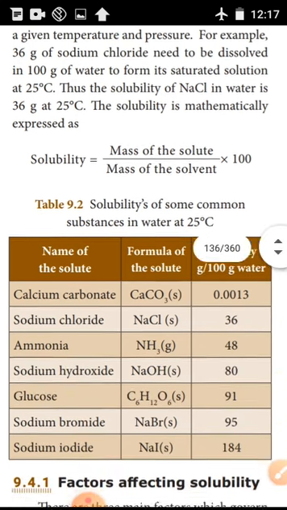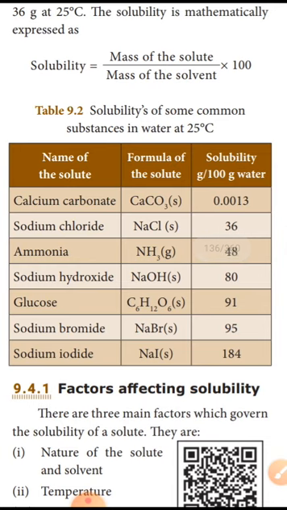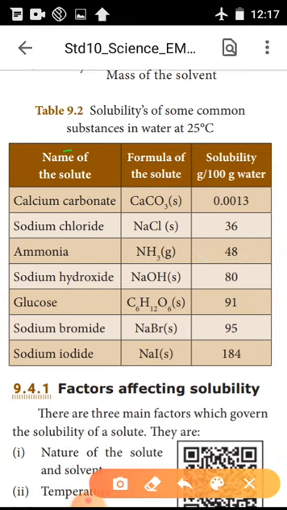The next one, see the tabular column. They have given the solubility of these solute particles. The first one, calcium carbonate. The formula of calcium carbonate is CaCO3, and its state of matter is solid.